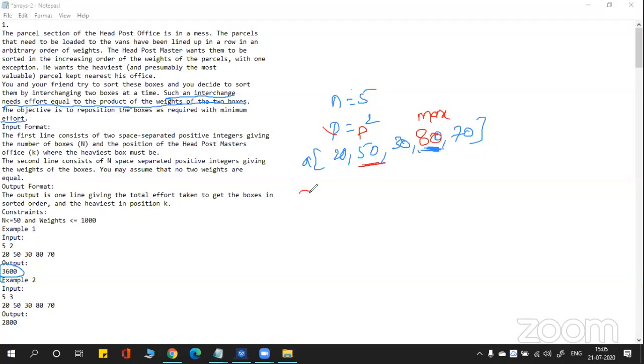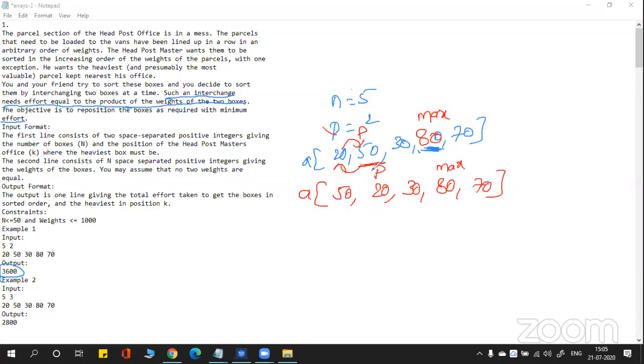So now I'm swapping these two. It will become 50, 20, 30, 80 and 70. If you observe, this is max and this is position.